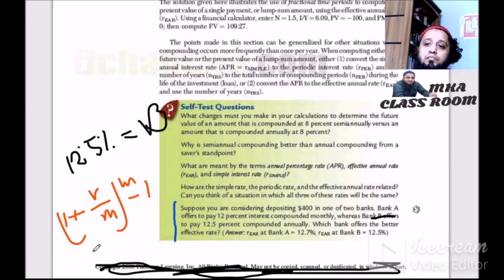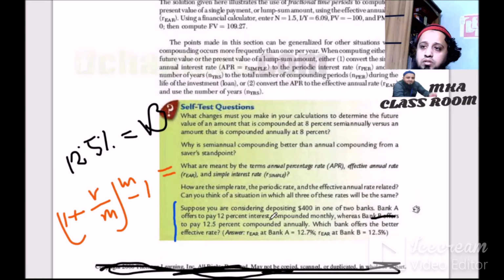In this problem, we have 12% compounded monthly. So 1 plus 0.12 divided by 12, power 12, minus 1. Then what will happen? Can you see?